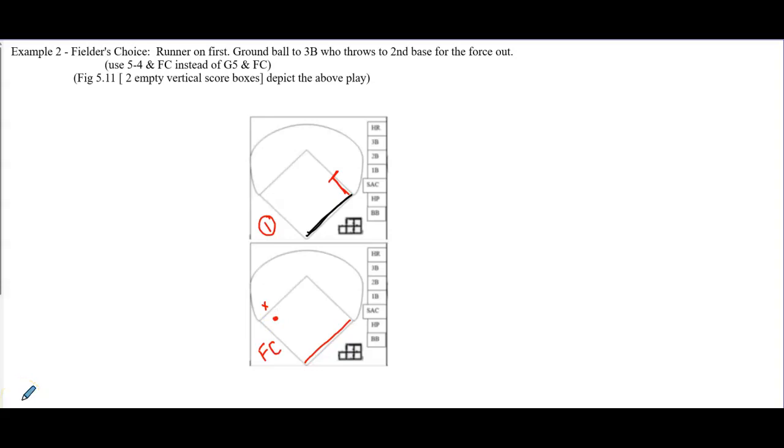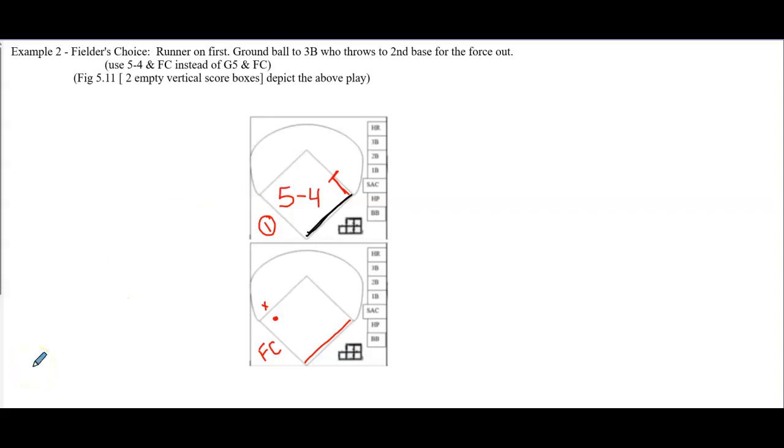Now, because we show how the out was made in the score box of the player that was called out, we're going to put a 5 in this box because the third baseman fielded the ball and threw it to the second baseman for the force out.